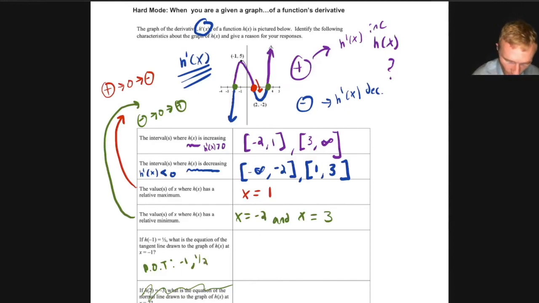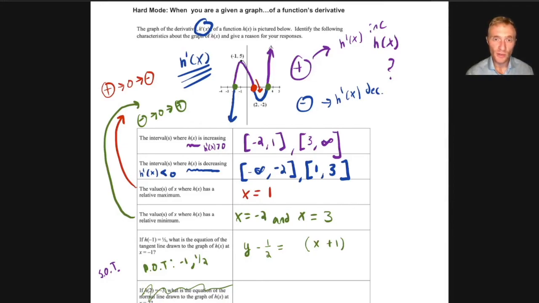So I can already fill in part of this. Y minus 1/2 equals some slope times x plus 1, that is, x minus -1. All I need now is a slope of the tangent line. The slope of the tangent line, single most important sentence in calculus, is the derivative.